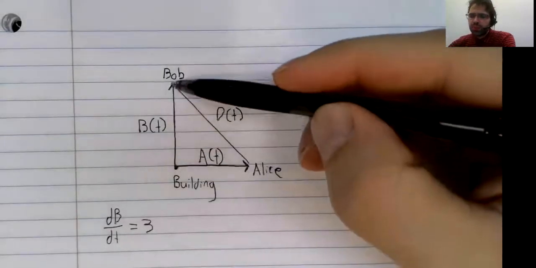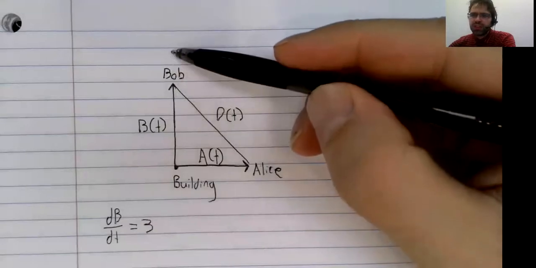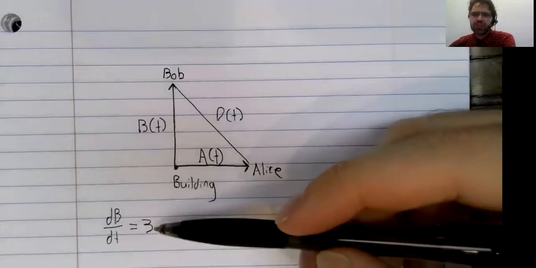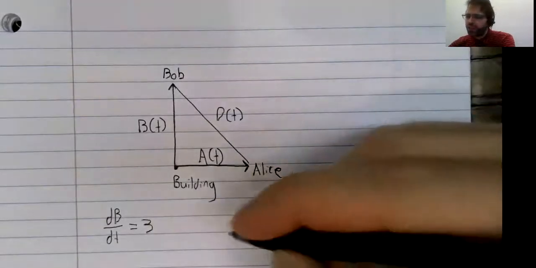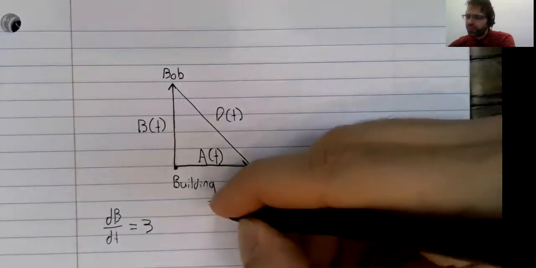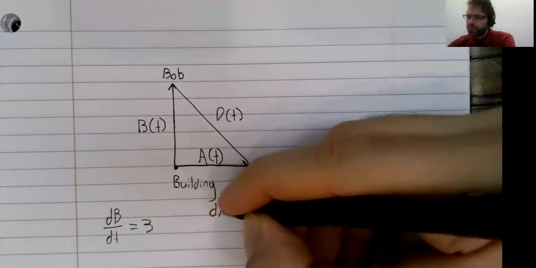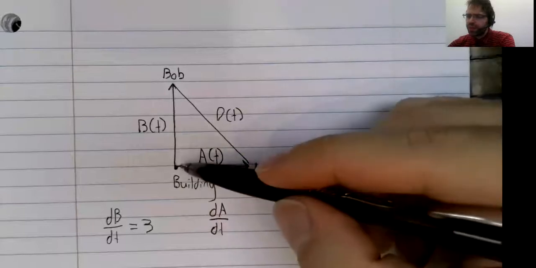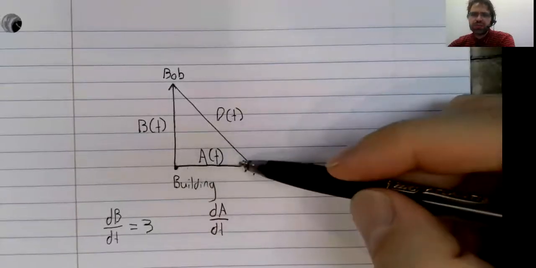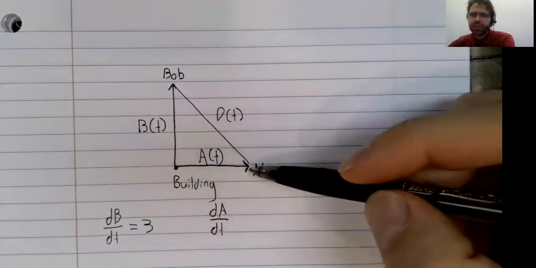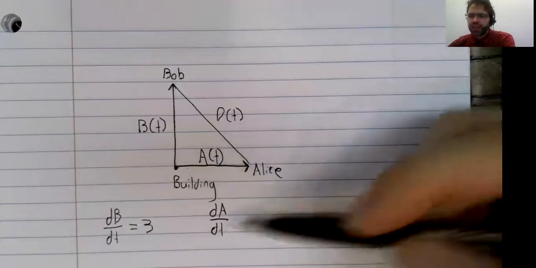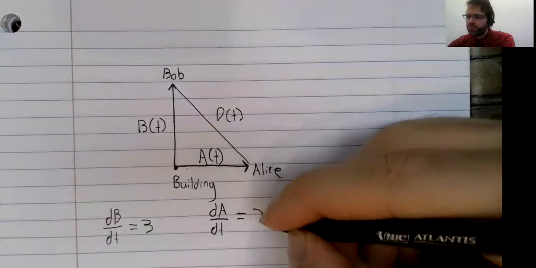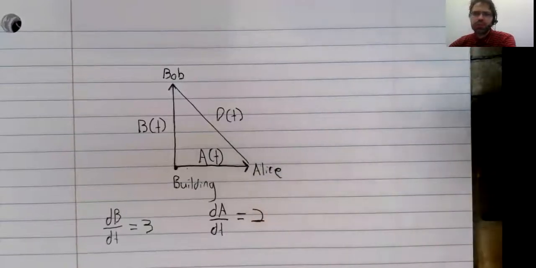Bob's walking north at a rate of 3 miles per hour. We've got this constant rate of change. Likewise, Alice's distance from the building is increasing at a constant rate of 2.